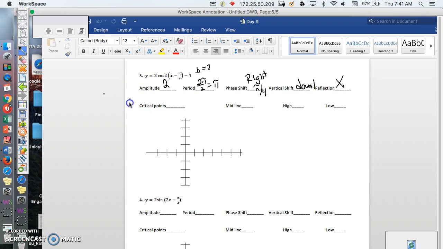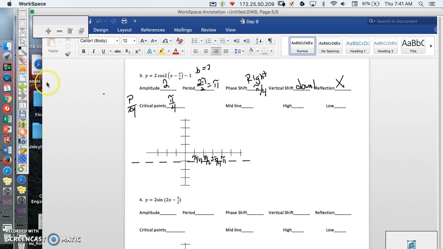So those critical points, again, it's your period divided by 4. So we have pi over 4. So this first one, 1 pi over 4, 2 pi over 4, which is pi over 2, 3 pi over 4, and then just pi. Where is our midline? Well, it moved down 1.